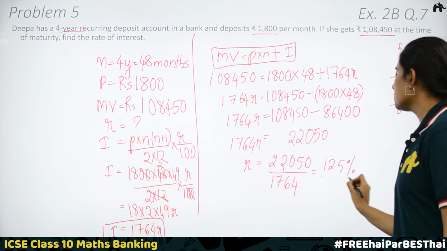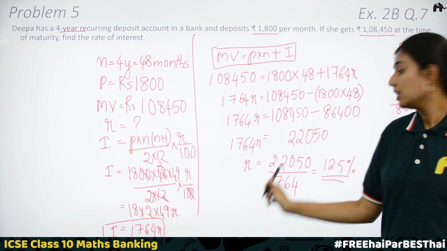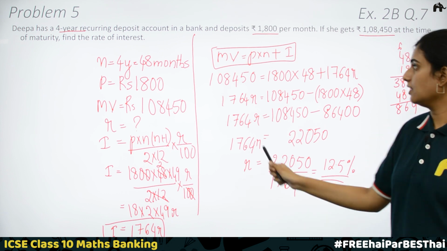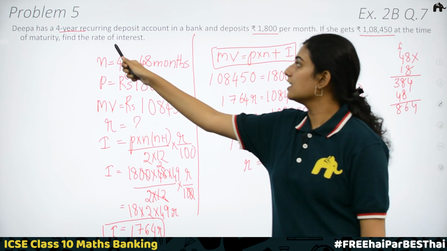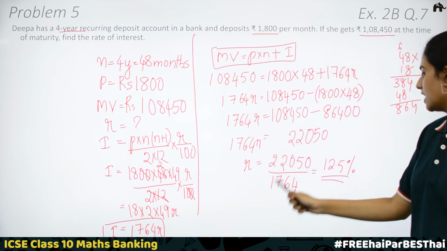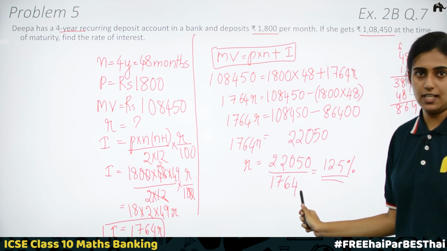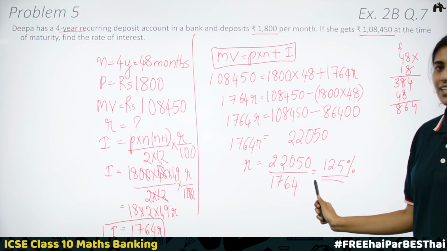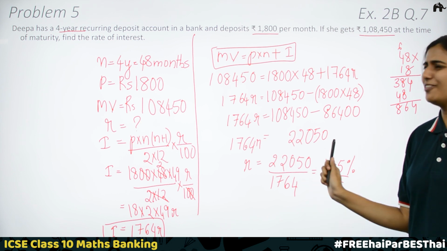Do the calculation properly, you will be getting 12.5%, which is the rate of interest. In the question, we had to find the rate of interest. R is equal to 12.5%. Clear? This is an easy question, right? Yes, every question is easy.